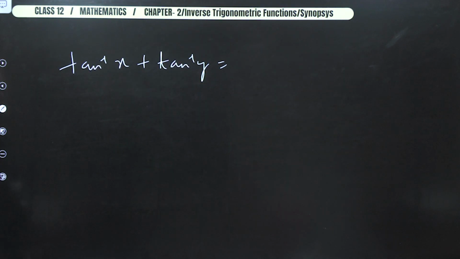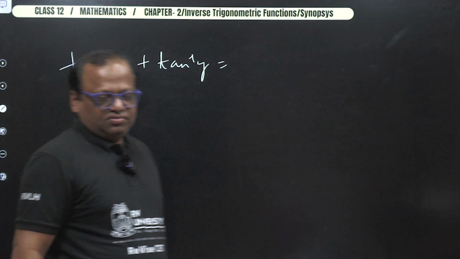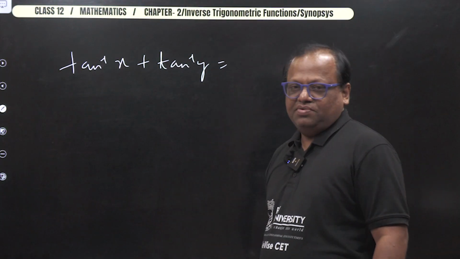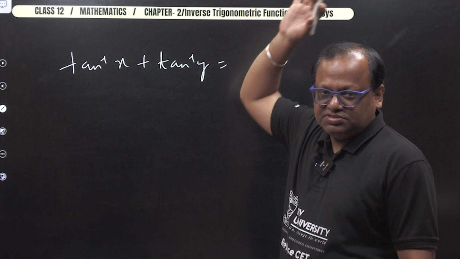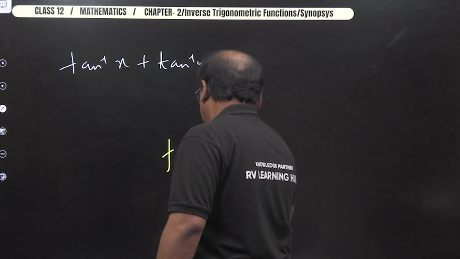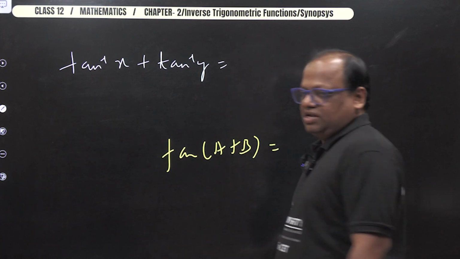Okay, some formula I'll give you. Though this formula was not there in the syllabus, it is better that you remember. Please recall tan of a plus b. This was there in your syllabus, right? So what is tan of a plus b?